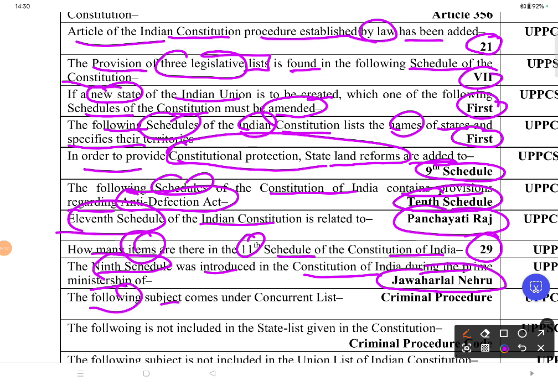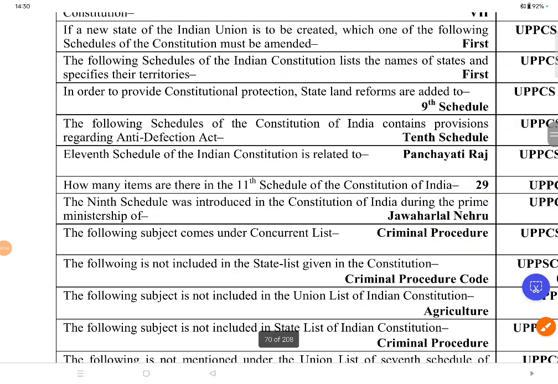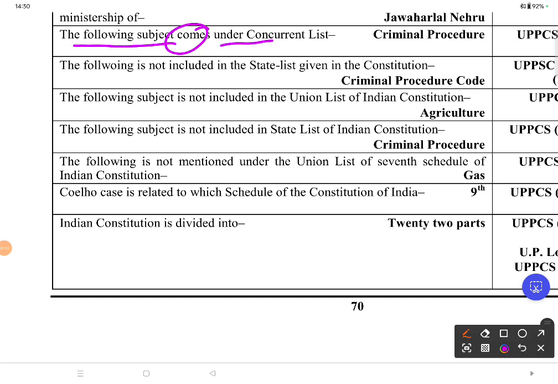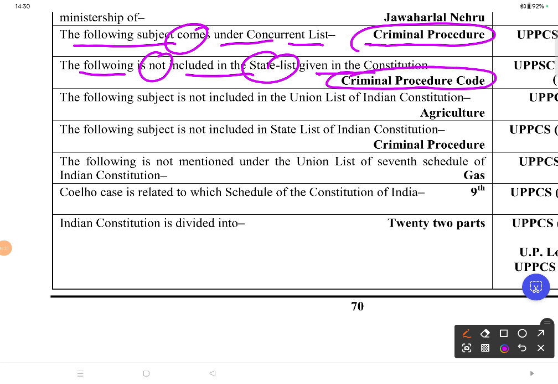The following subject comes under the concurrent list, that is criminal procedure. The following is not included in the state list given in the Constitution, that is Criminal Procedure Code.